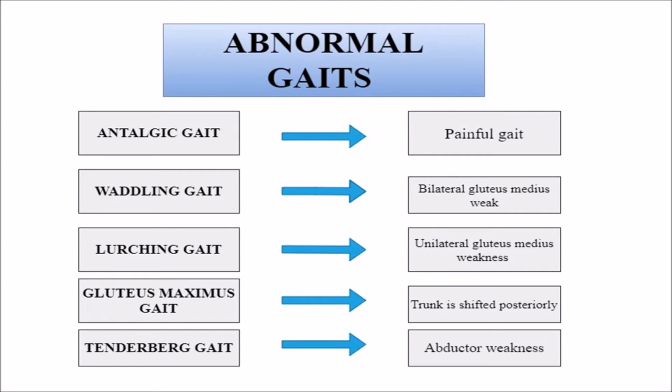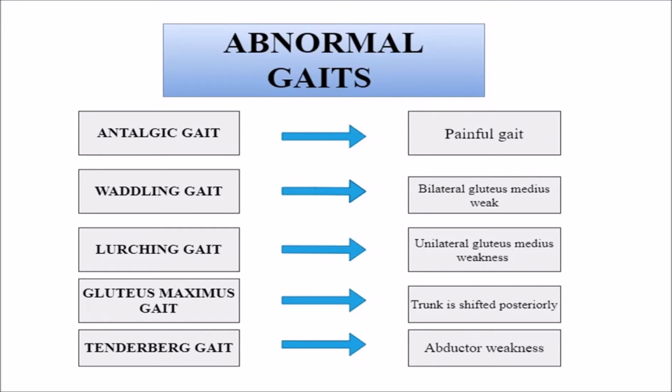Plus, the trunk also moves to that side, and scoliosis will also develop in these cases. If the patient has a Trendelenburg sign, the involved side will hike up, the opposite side will drop, and on the opposite side trunk shift will also occur, and scoliosis will also develop there.